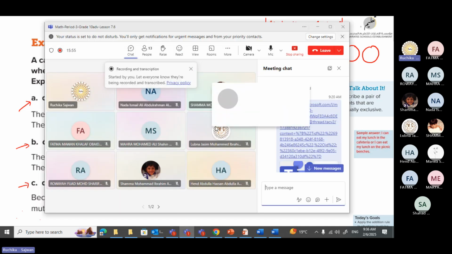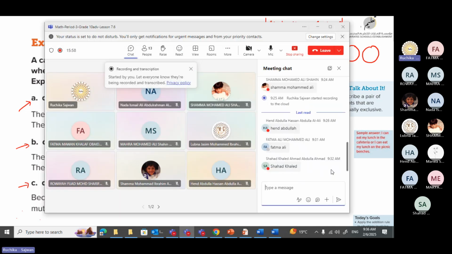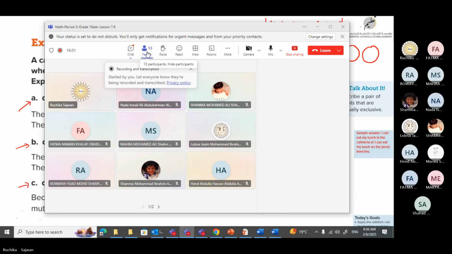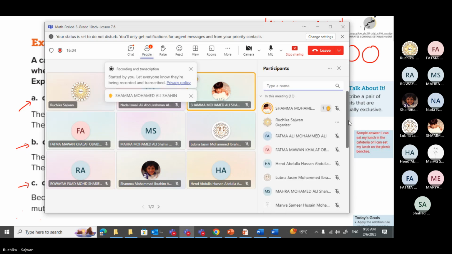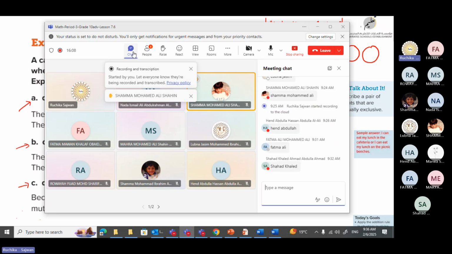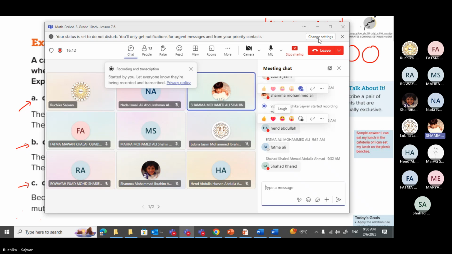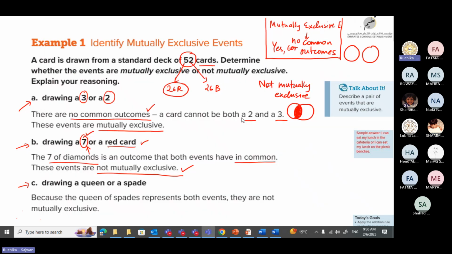Just unmute and read, those who have not read. Lubna, you want to read? Oh, Shama Muhammad, now she's raising her hand, but I don't know why she's not reading. Shama, you want to read? Yes, I'll read. Okay, read C part.